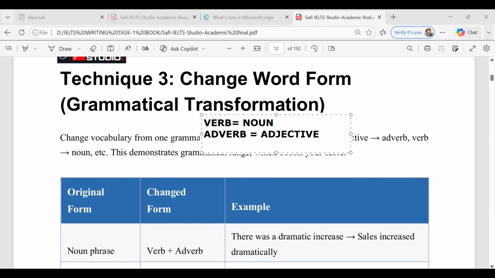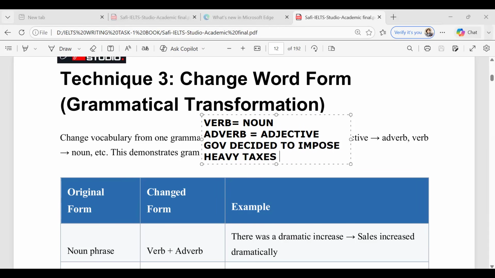If I say government decided to impose heavy taxes on, for example, anything, clear? तो अब यहां पे देखिए कि डिसाइडेड है कि नहीं? हाँ, Yes, sir. अब डिसाइडेड का नाउन फॉर्म क्या है? डिसीजन, क्लियर? डिसीजन है ना नाउन फॉर्म? Yes, sir.